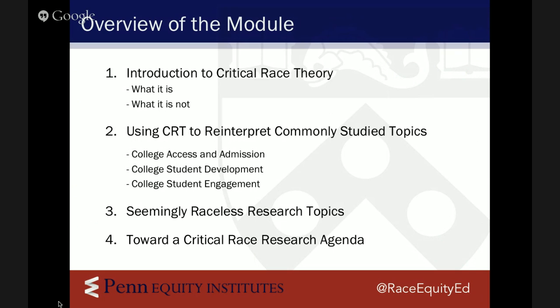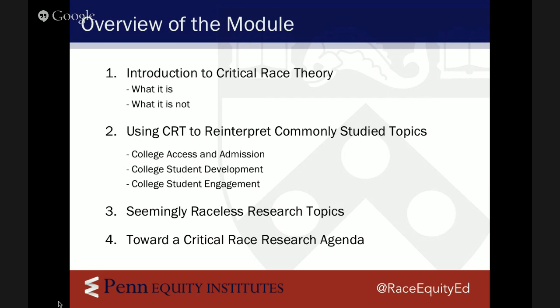After that, Lori and I will invite you to post some questions for us, specifically some topics that you're thinking about in your dissertation research or in other lines of inquiry with which you're currently engaged in your programs that are seemingly raceless. And we'll invite you to do that through our various engagement platforms. In a moment, I'll tell you what those are.